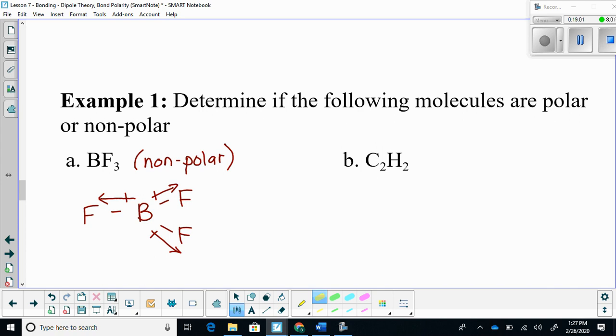Because this arrow here is going out at an angle of 120 degrees, this arrow is also going outwards at the same strength at 120 degrees, and this arrow is going outwards at the same angle at the same strength. So this is kind of like vector addition. And what's happening is because they're all going out at the same angle with the same strength, they're canceling each other out. And when the dipoles cancel each other out, it becomes nonpolar.